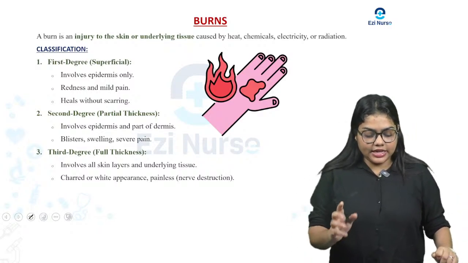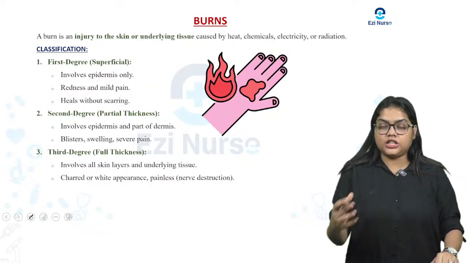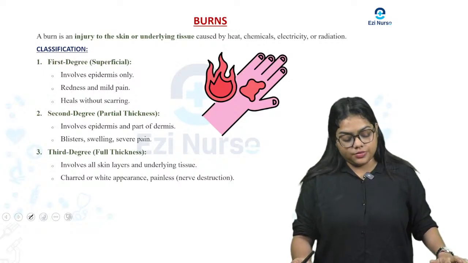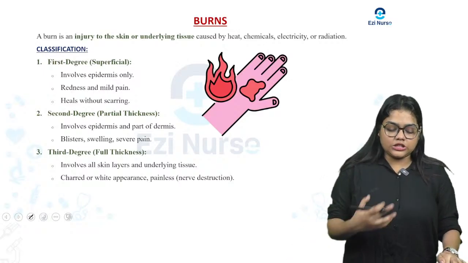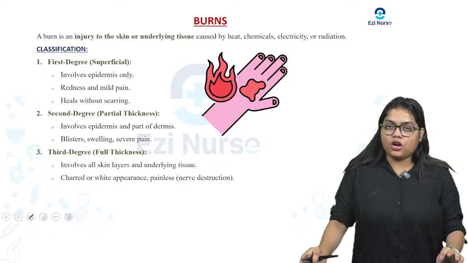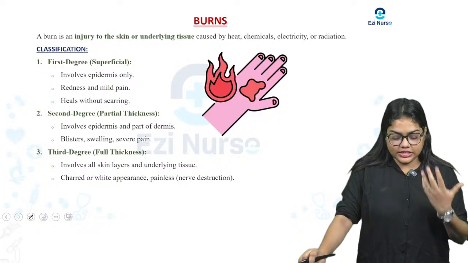Then second degree burn, which is also called partial thickness burn, involves the epidermis and part of the dermis layer also. There will be blisters, swelling and severe pain. In the third degree burn or full thickness burn, it involves all skin layers and underlying tissue.